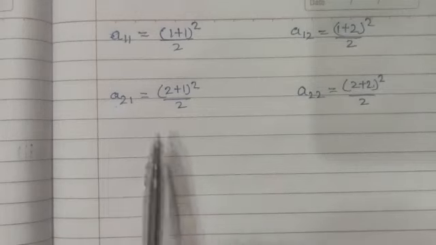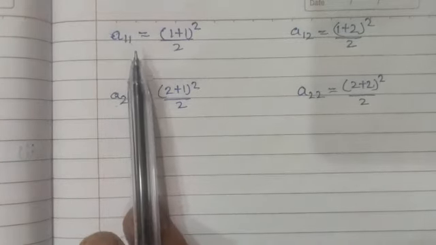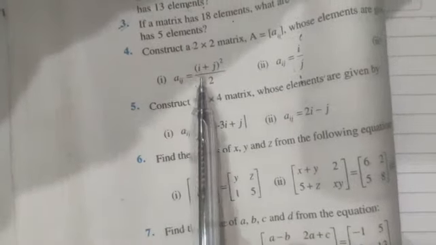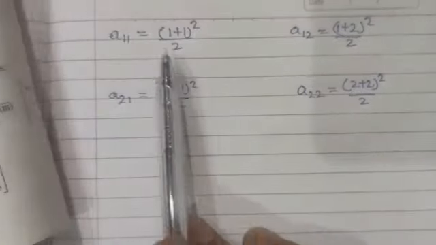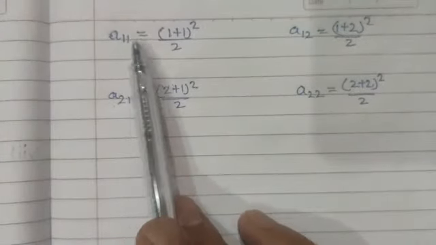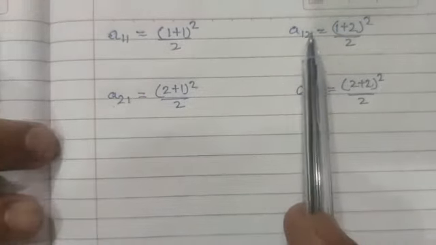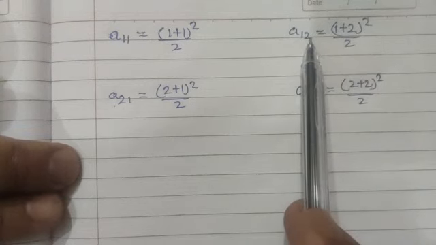Now what will be element a11? The equation given to us is aij equal to (i plus j) square upon 2. So here i is 1 and j is 1. Similarly, a12 will be (i plus j) square upon 2, where i is 1 and j is 2.